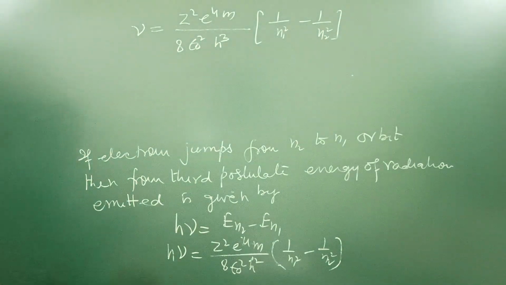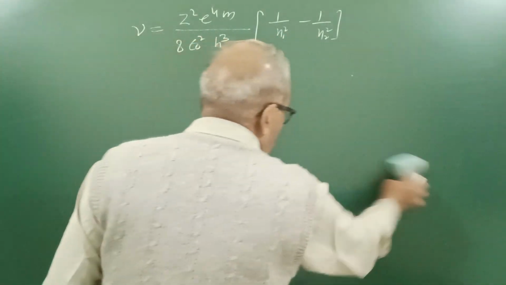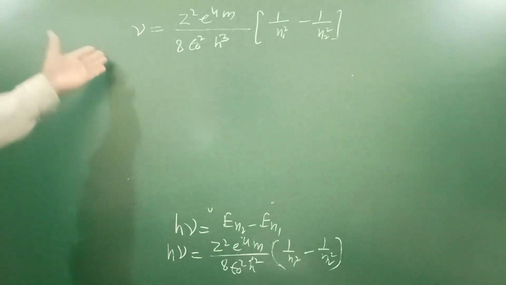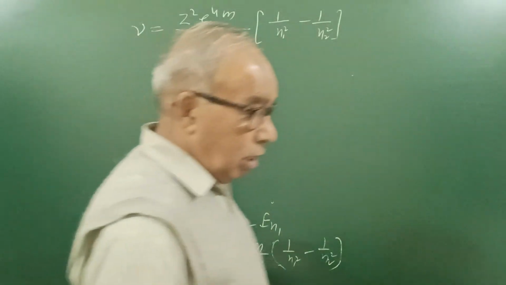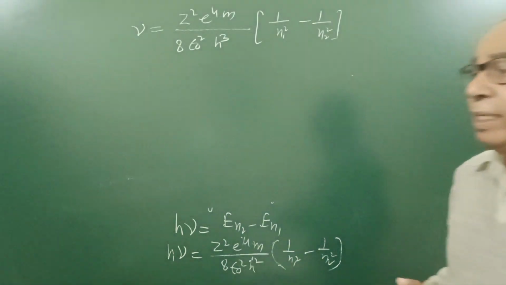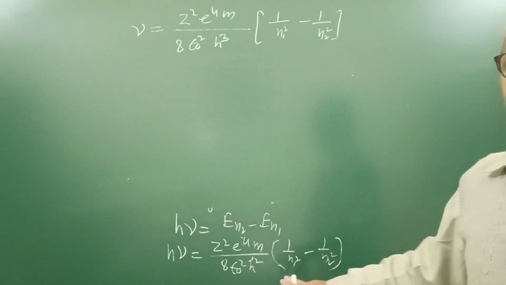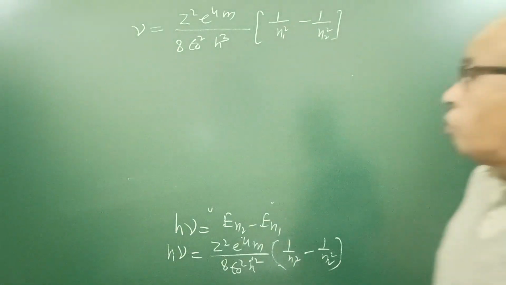This is the expression for the frequency of radiation emitted. That radiation may be in the form of ultraviolet radiation, or in the form of visible light, depending upon the values of n1 and n2.